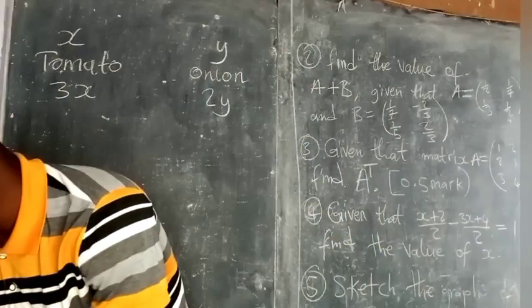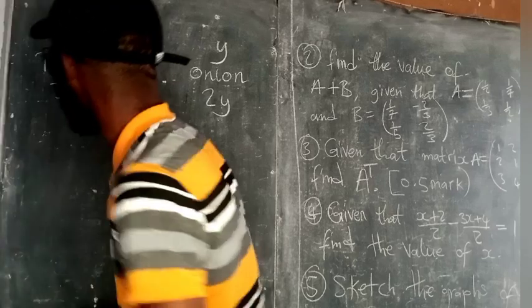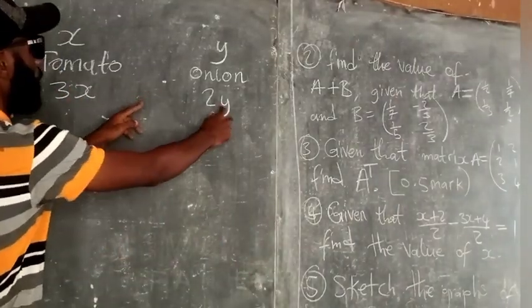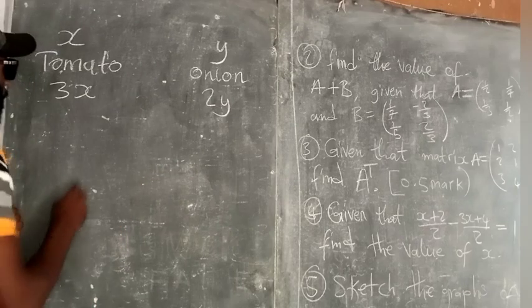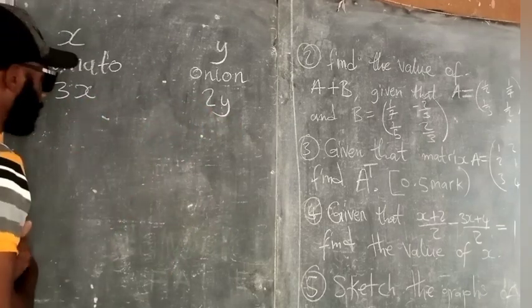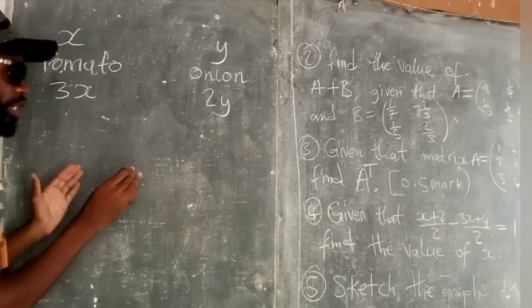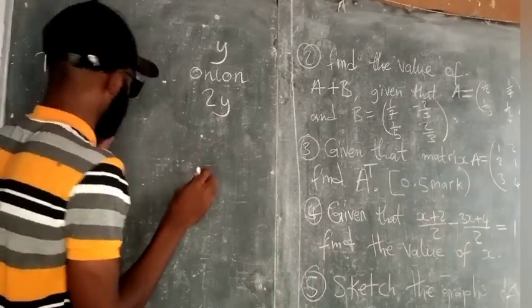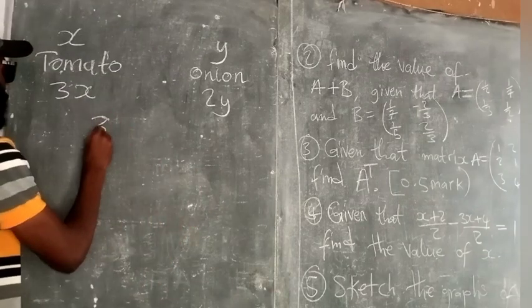So now, when we have this, here we have 3x and 2 onions. We have 3 tomatoes and 2 onions. Can we add these together? We cannot add because they are not the same. So what we can just write is this.